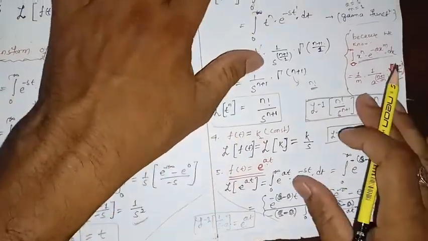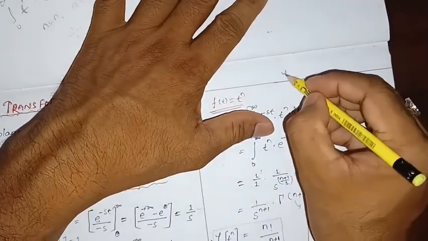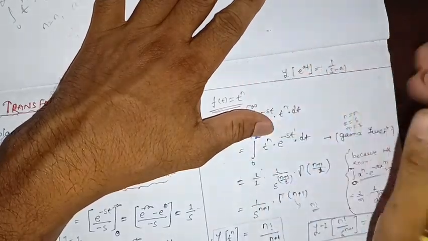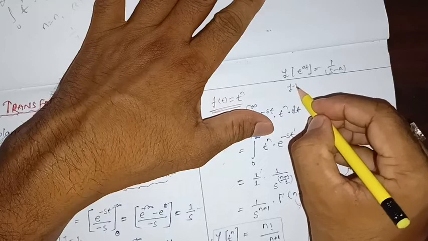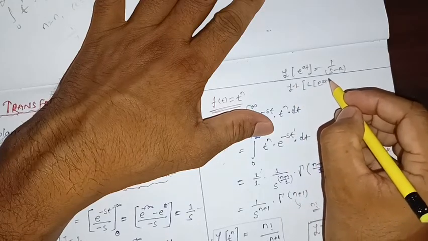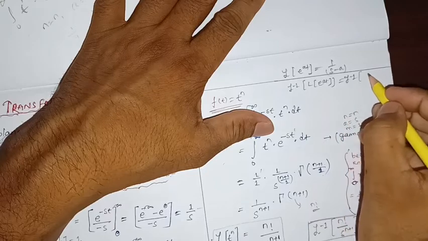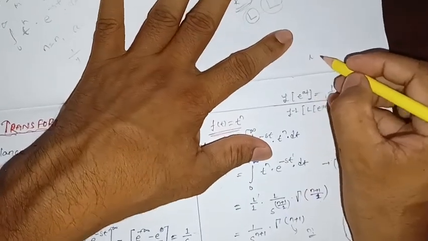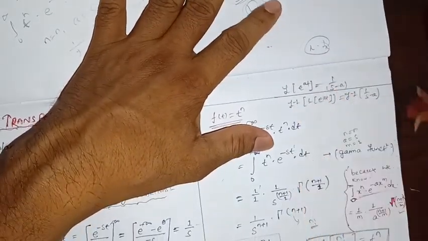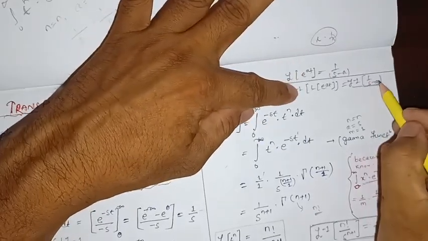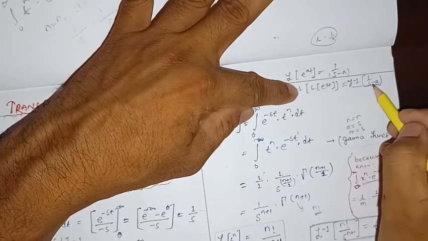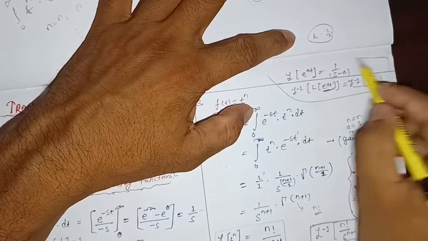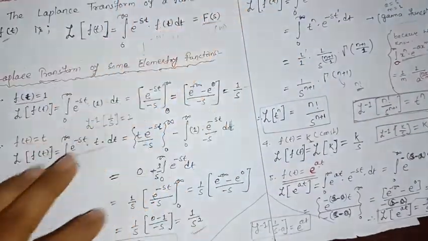If I apply the inverse Laplace transform on both sides, the Laplace transform and inverse Laplace transform cancel out, like x into 1 by x is 1. We found the inverse Laplace transform of 1 by s minus a is e to the power at. You have to remember both the Laplace transform and its corresponding inverse Laplace transform.